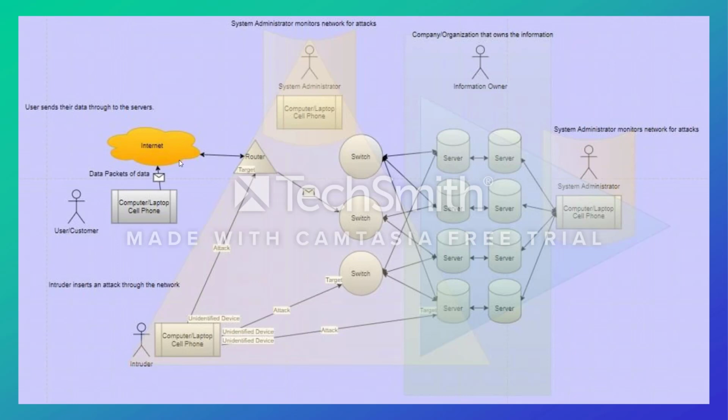These packets would hit the internet, it would hit the router, go to the switch, go to the server, and to the information owner who holds the server. So the purpose of this project is to help system administrators identify these attacks before they even enter the network, or at least find the characteristics that build up to these attacks.